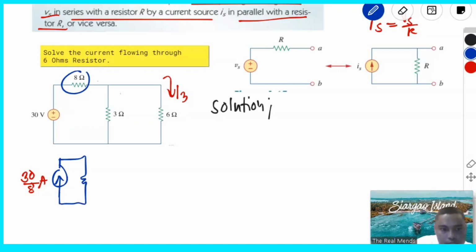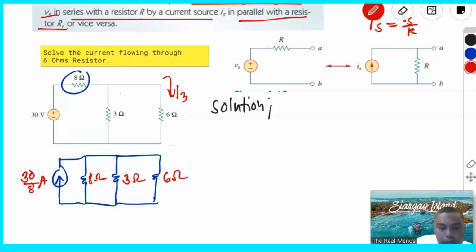Okay, and then connected with the 3 ohms, and then connected parallel with the 6 ohms, and then label 8 ohms. This is 3 ohms, and then this is 6 ohms. Then we have this current I3.